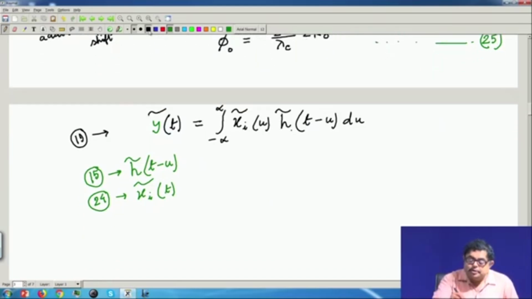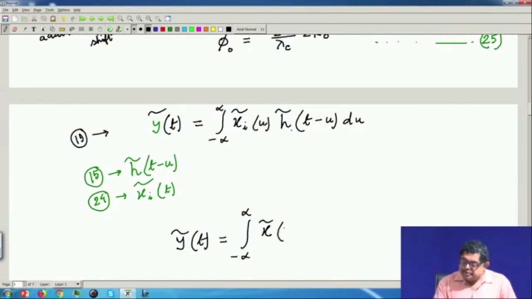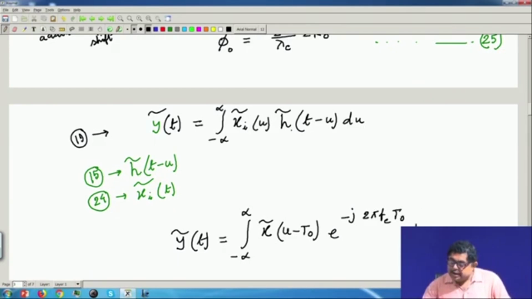So, now everything is complex envelope, that is why I am redoing everything. It will be the integral from minus infinity to infinity of x of u minus t 0, e to the power minus j 2 pi f c t 0, times h of t minus u du.